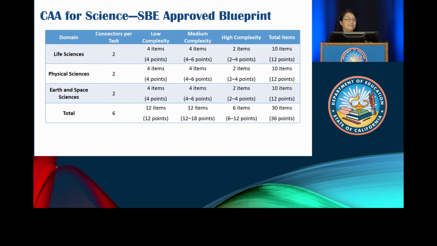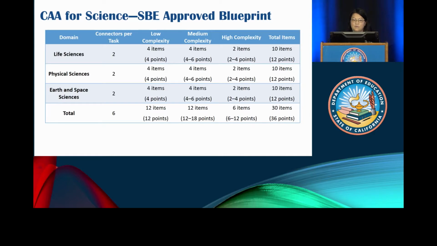So in looking at the details of the blueprint, we can see that the CAA for Science field test consists of 3 performance tasks, 1 for each science domain: life sciences, physical sciences, and earth and space sciences. Students will receive 3 performance tasks for a total of 30 questions.